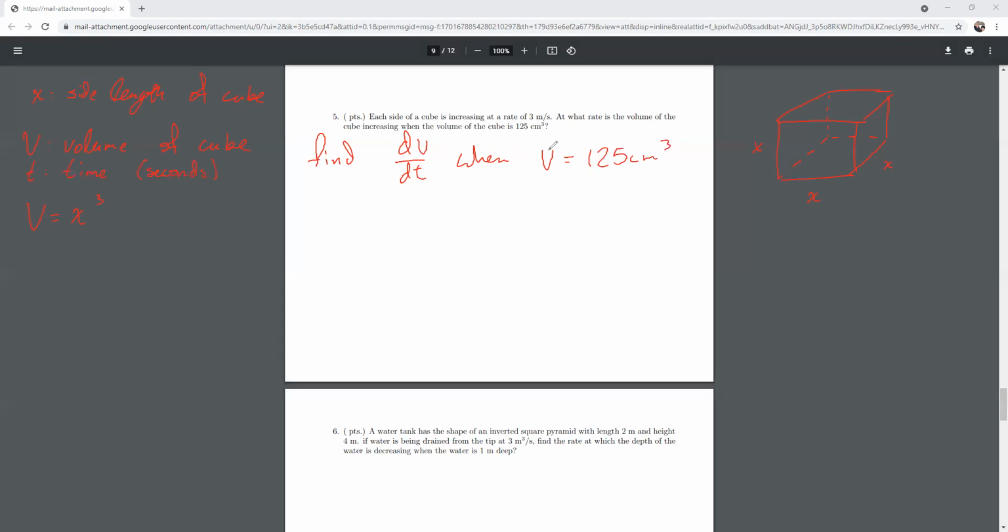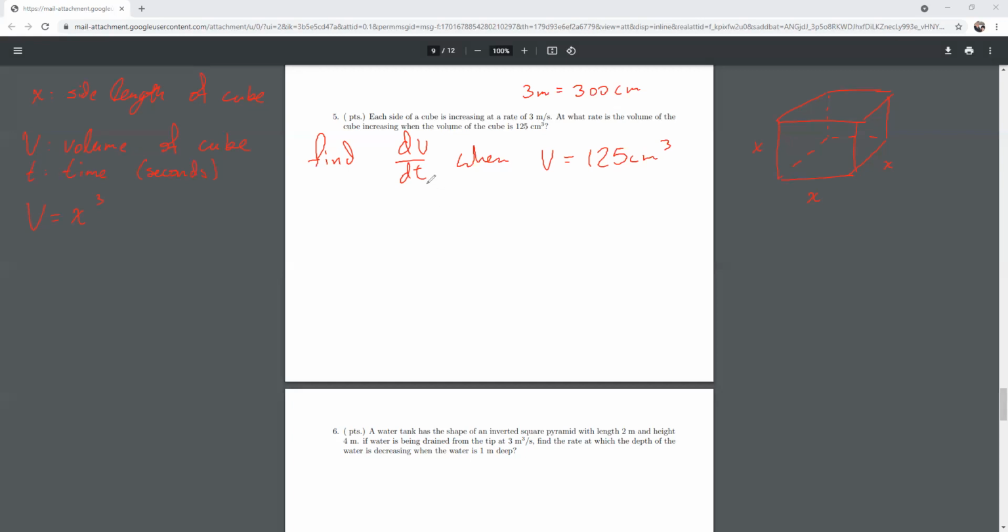For simplicity, I'm just going to turn everything into centimeters because it'll make our life easier. So 3 meters is equal to 300 centimeters, right? Centi just means 100, so we just tack on 100 to it. It's important to get your units right, otherwise you're going to be off by a factor of 10 when listing your final answer.